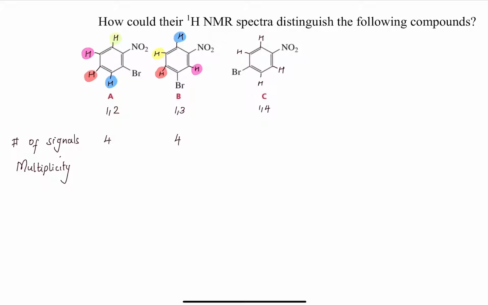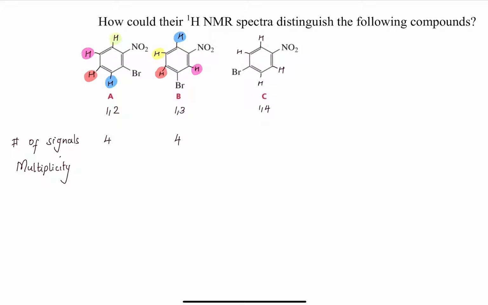Now let's go on to the last compound, our para-substituted one. Para-substituted compounds usually show a pattern where you can see 2 doublets, corresponding to 2 different protons. These 2 protons are in exactly the same chemical environment because they are in the ortho position with respect to the nitro group. Similarly, these 2 protons are in the same environment because they are ortho to bromine, or meta to the nitro group.